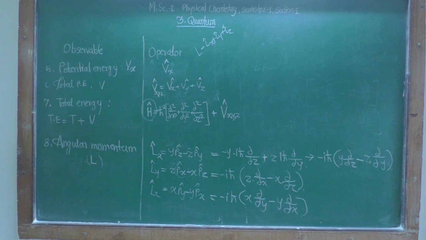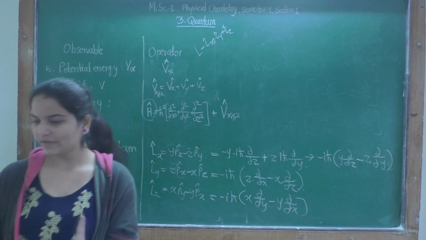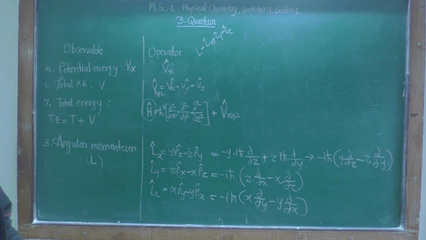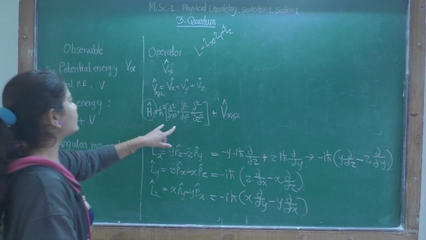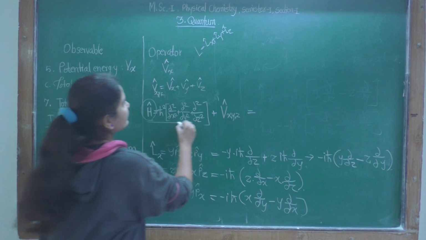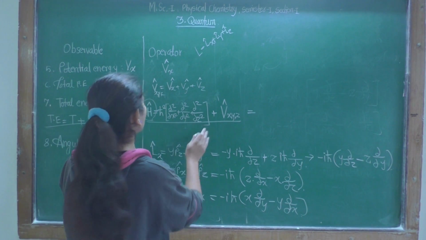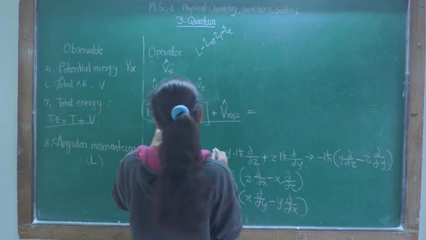Now that's all about the operators. This is all about operators. Now one very important thing, see, it was the total energy. This was the total energy operator, the Hamiltonian operator. It is a very important operator, and it will be used in quantum mechanics so many times.